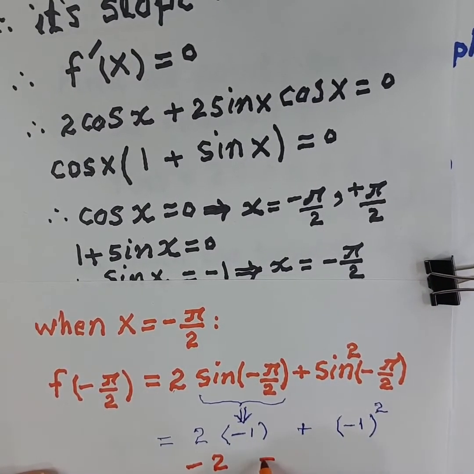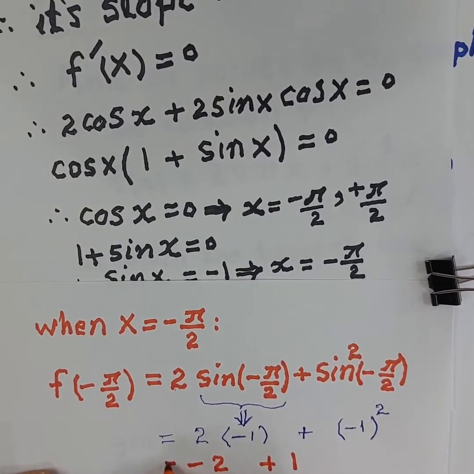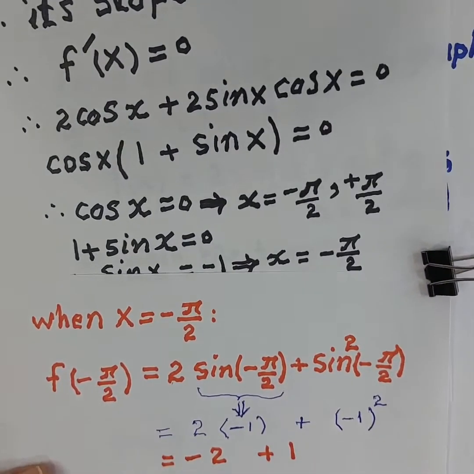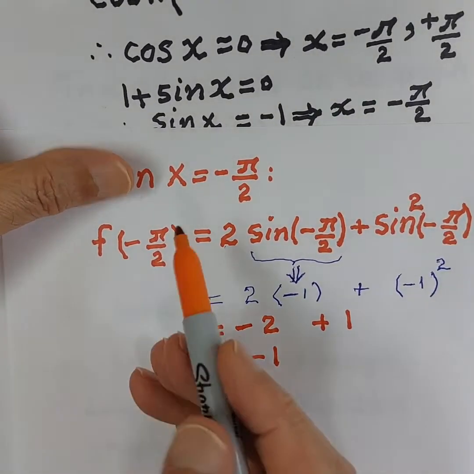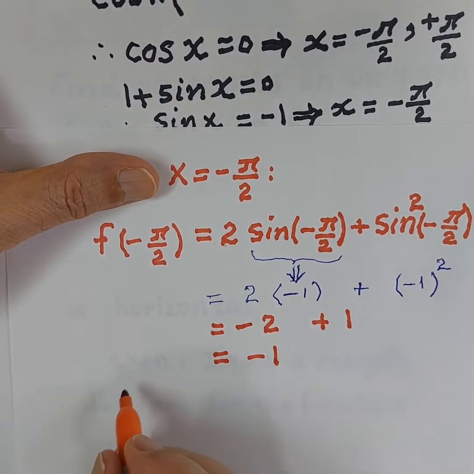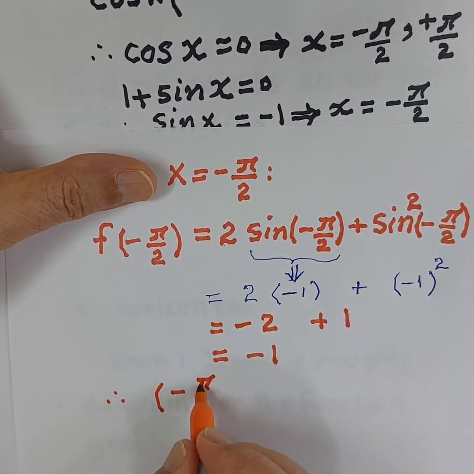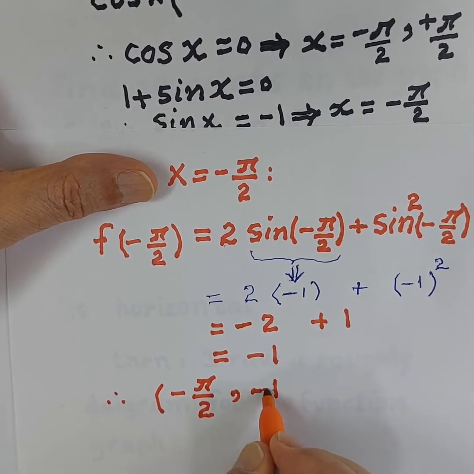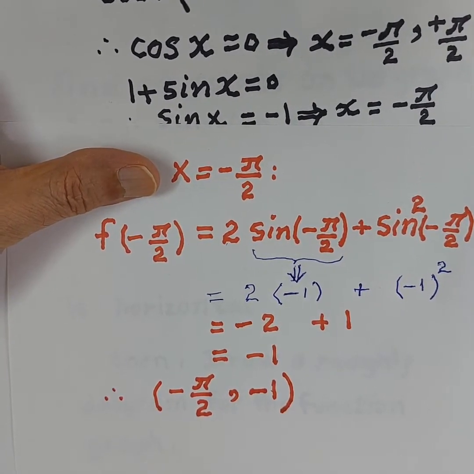And here plus 1, because -1 squared means +1. So the value is -1. Then the first point we found: x is minus pi over 2, y is -1. We can write minus pi over 2 and -1 is the point on the graph where the tangent is horizontal.